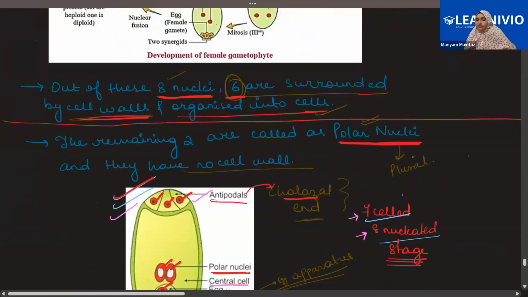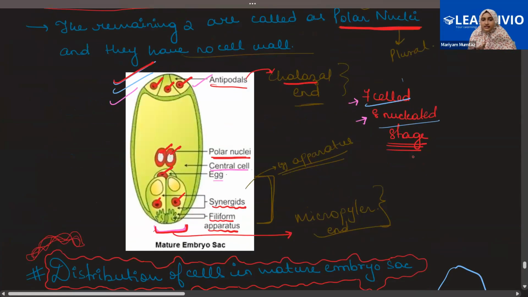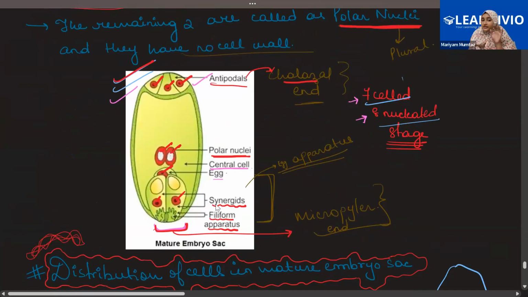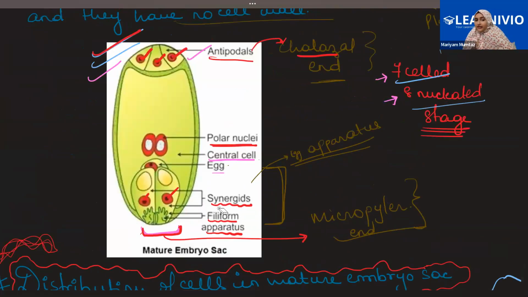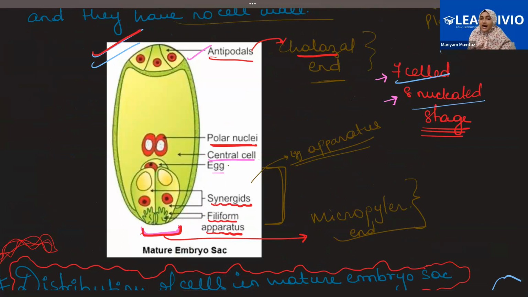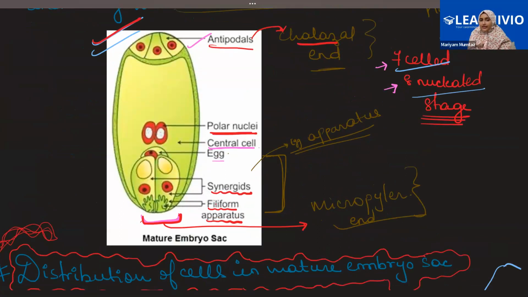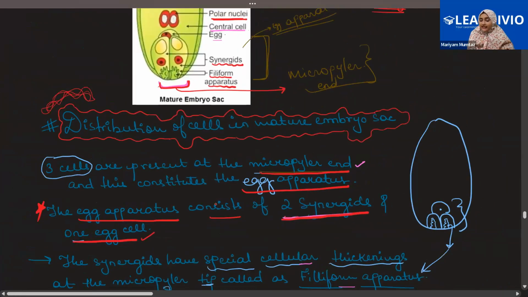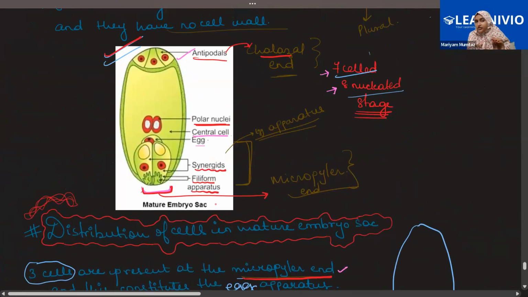They have no cell wall. Now this is the array. Many times you can be asked to draw the structure of a mature embryo sac, so you'll have to draw this. Let us see how the cells are distributed and what the function of each cell is.